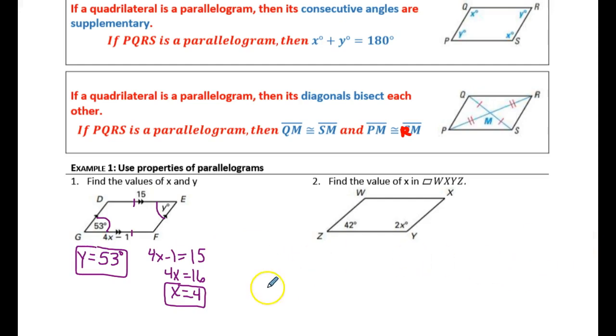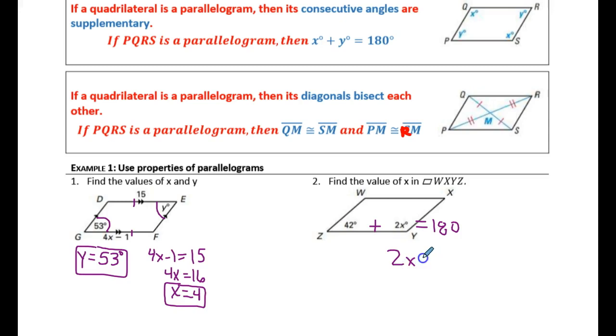Find the value of x for this parallelogram WXYZ. I know that these two angles must be congruent, but these two angles are supplementary, which means they sum to 180 degrees, because angle Z and angle Y are consecutive angles.